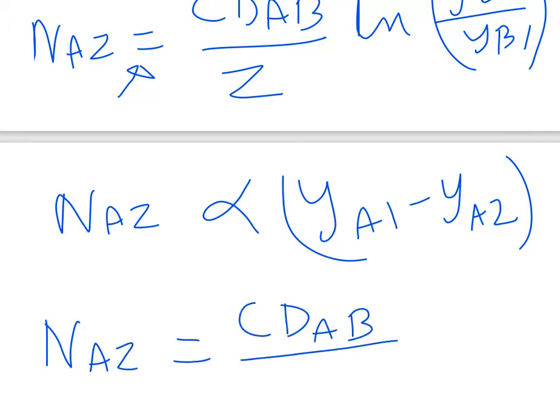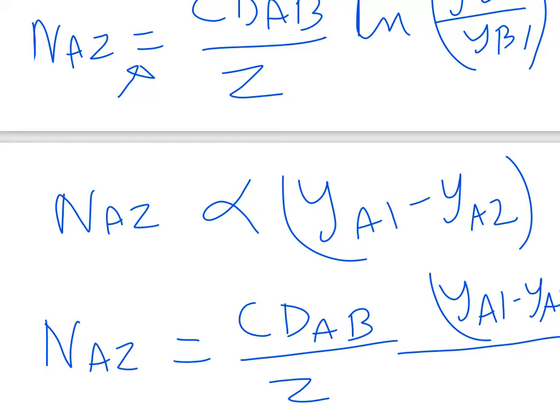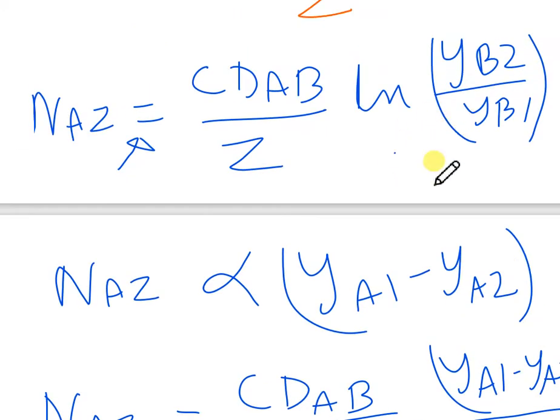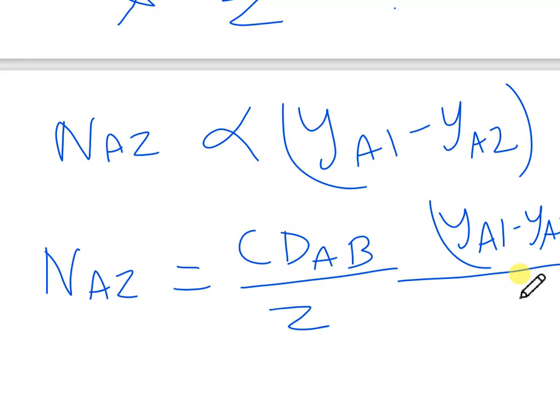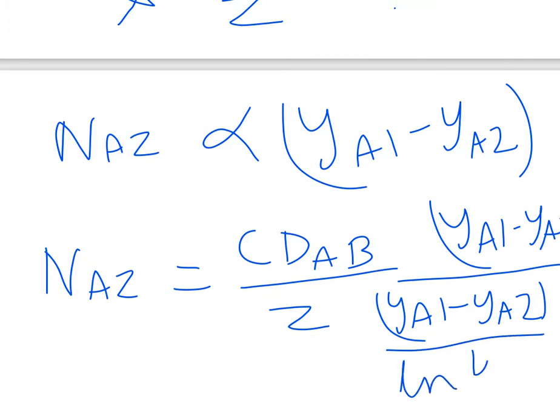Okay, I will skip the steps. So we can make it Ya1 minus Ya2 divided by, if you take this down, what I have done is I have multiplied with Ya1 minus Ya2. Let me do it. So Ya1 minus Ya2, and that will come down, ln yb2 minus yb1.